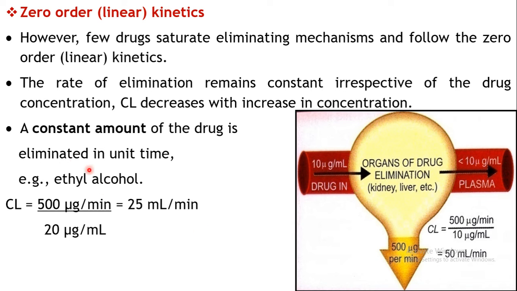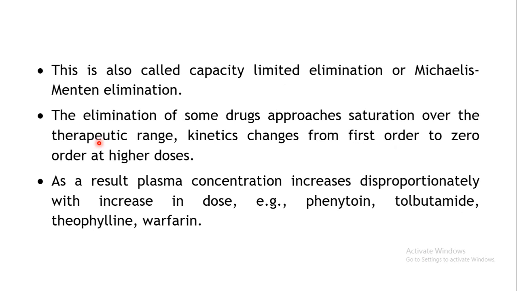That is a constant amount. In the earlier case it was a constant fraction, that is a particular percentage, but here a constant amount is getting eliminated from the body per unit time. Okay, now this particular situation is known as capacity limited elimination, or it follows Michaelis-Menten elimination.